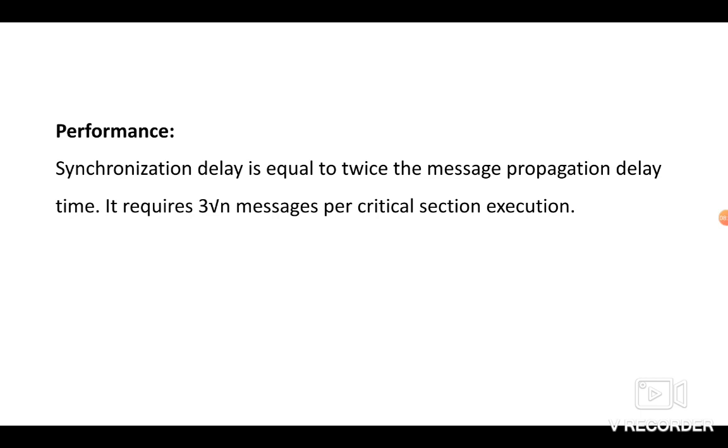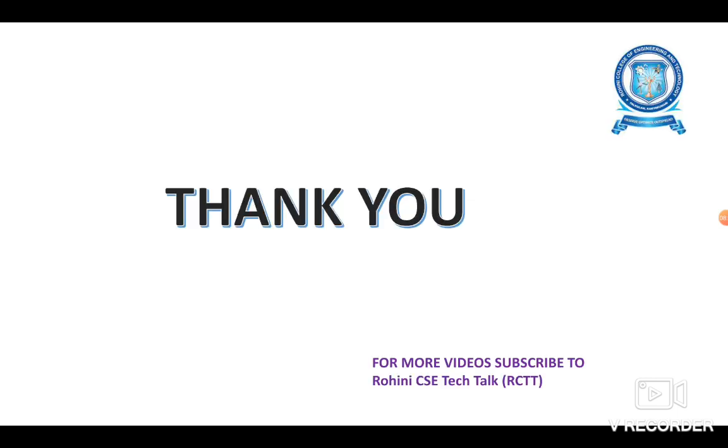The performance of this algorithm is that the synchronization delay is equal to twice the message propagation delay. Note down the difference between the other algorithms and this one. The synchronization delay is twice the message propagation delay, and it requires 3 root n messages per critical section execution. With this, we conclude the topic of Maekawa's voting algorithm.